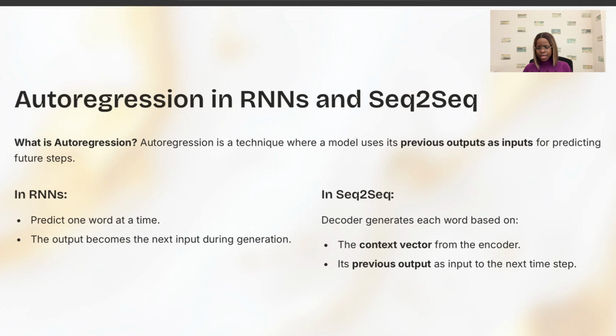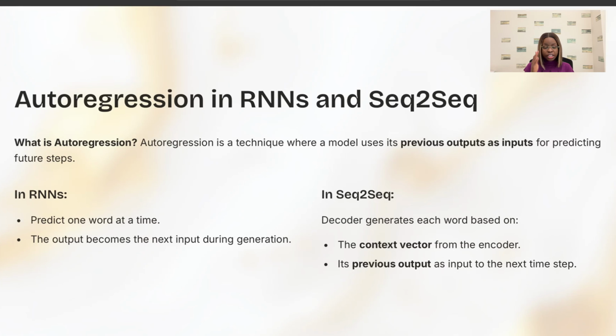So in RNNs, this includes simple RNNs and its variants such as LSTM and GRU, it predicts one word at a time. The output becomes the next input, and the output of that input becomes the next input, and that goes on and on.